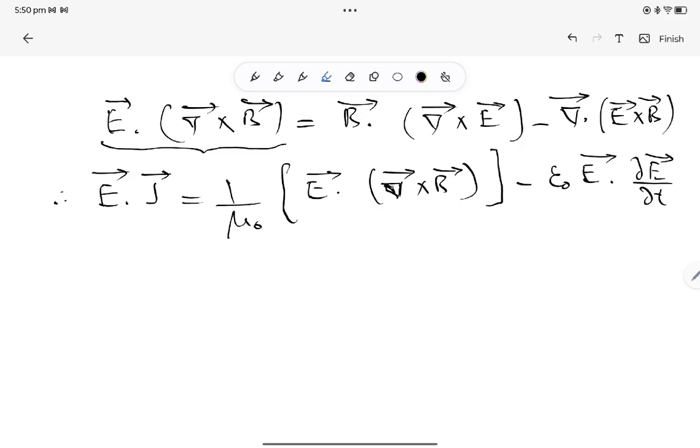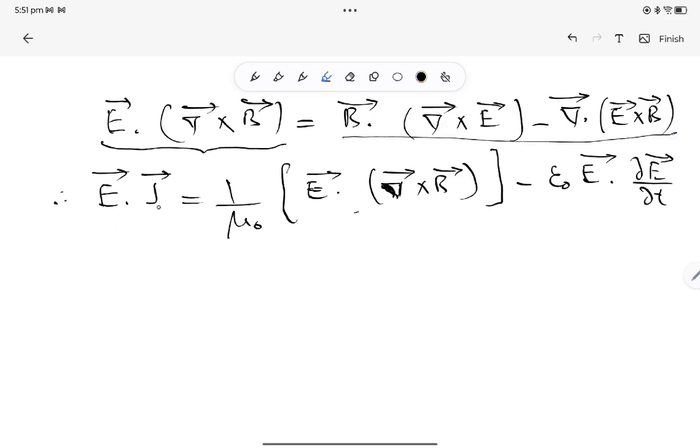Yes, this is the value of E dot del cross B, and this is to be substituted in its place here.